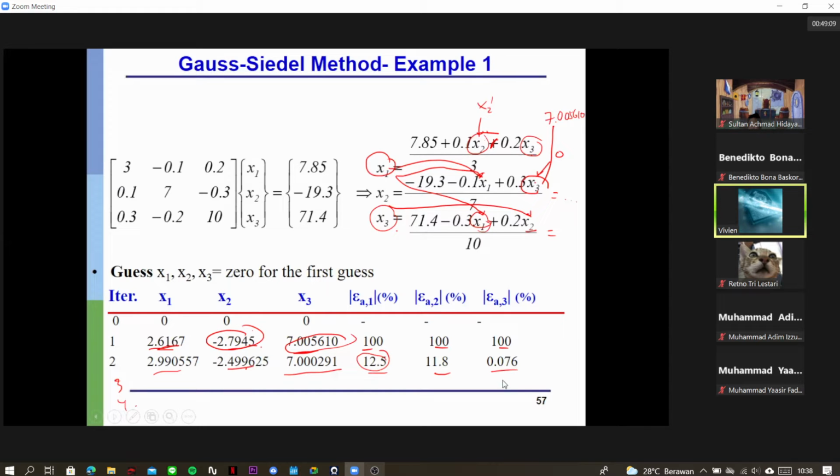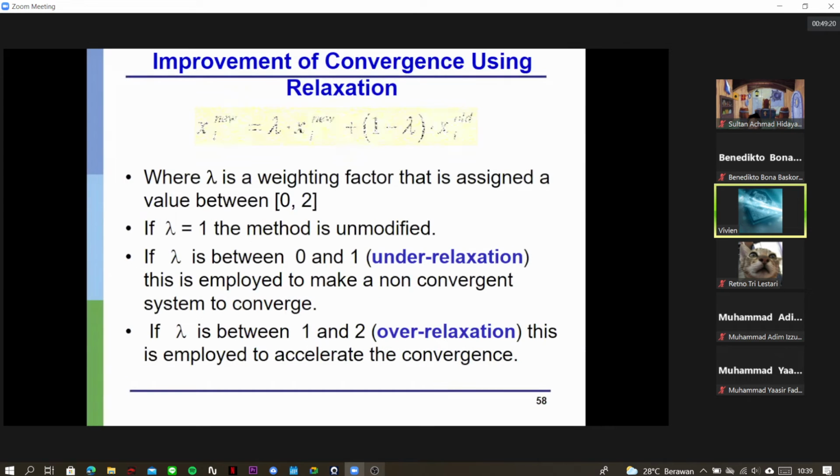Sometimes it's low, and then it goes up again, and then lower again, and up again, and so on. So when it fluctuates, we can apply a relaxation factor. The relaxation factor is to improve the convergence rate.